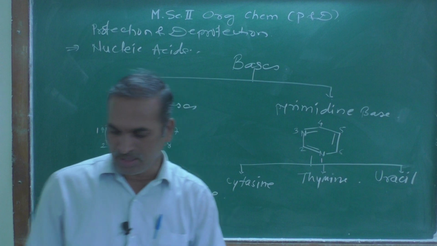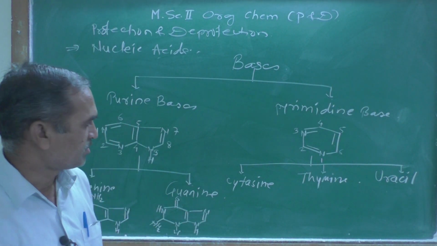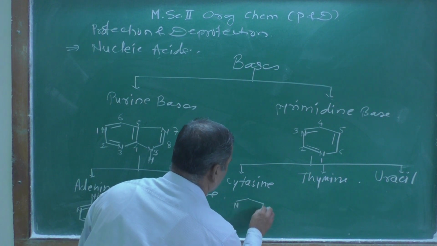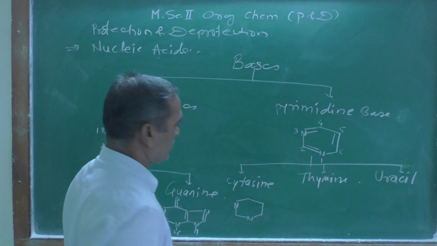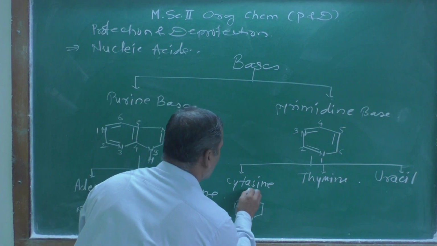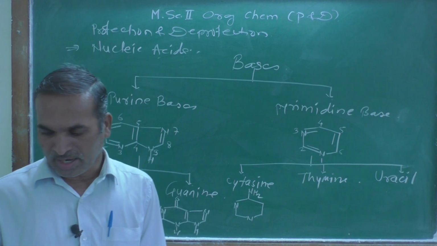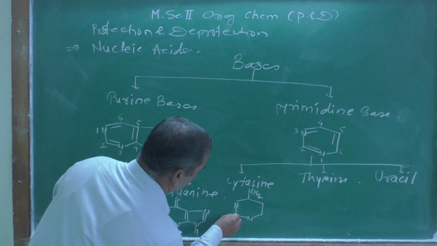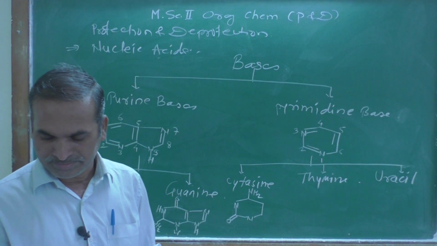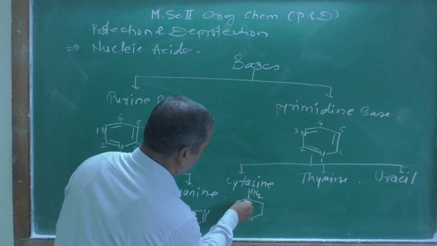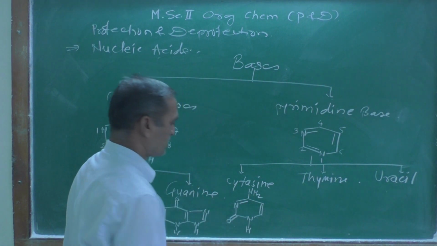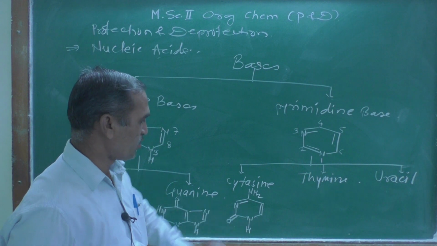And here is the structure of cytosine: the skeleton remains as it is, this one N, the nitrogen atoms at 1-3 position, but in this case at 4 position there is an NH2, and at 2 position there will be the carbonyl group, and the remaining one, here a double bond, here is a double bond and 1 hydrogen atom to satisfy the valency of that nitrogen.